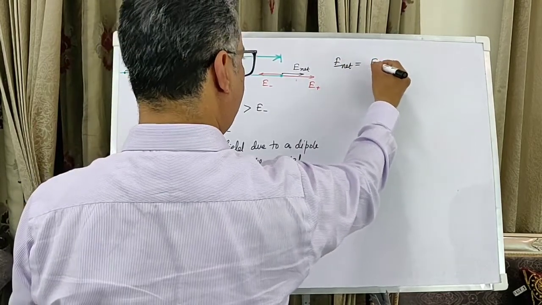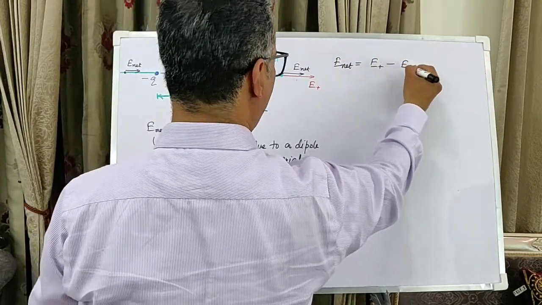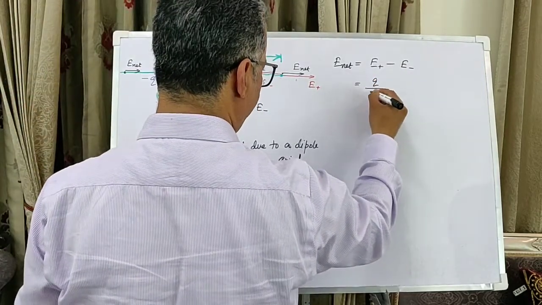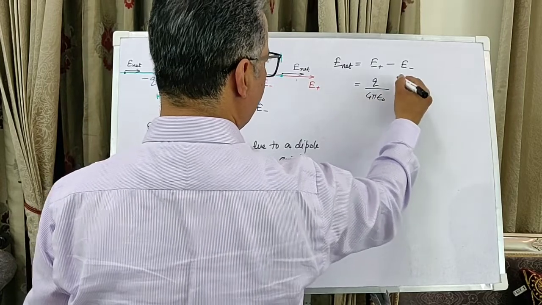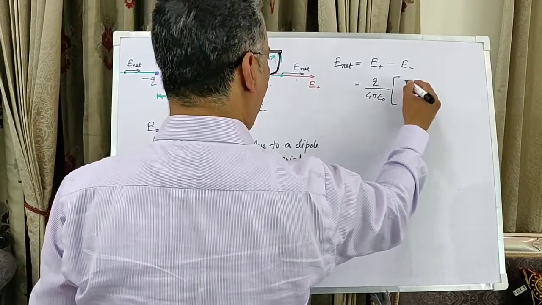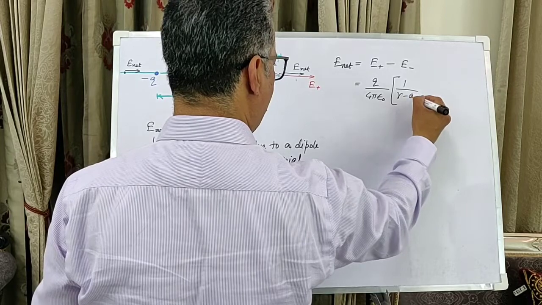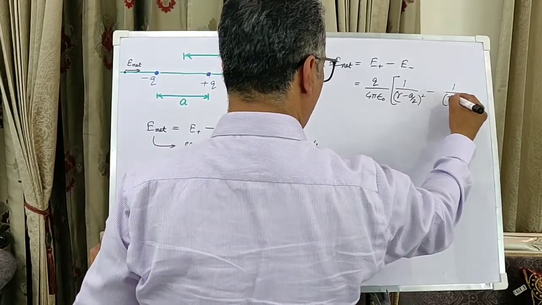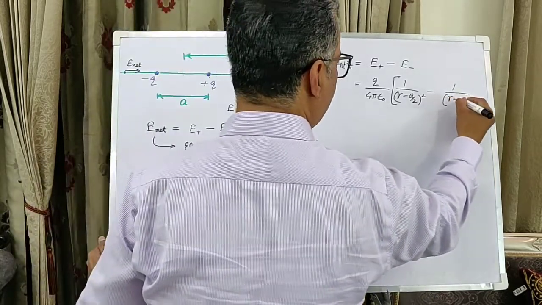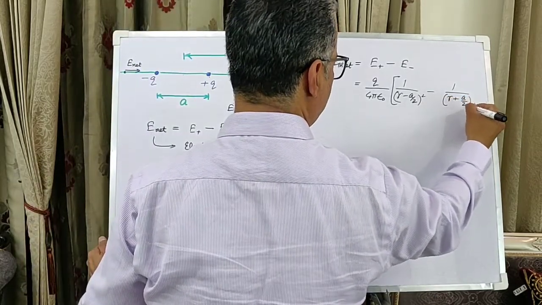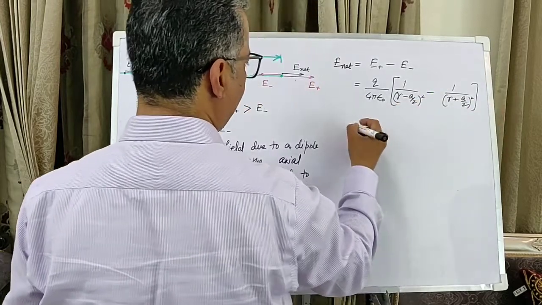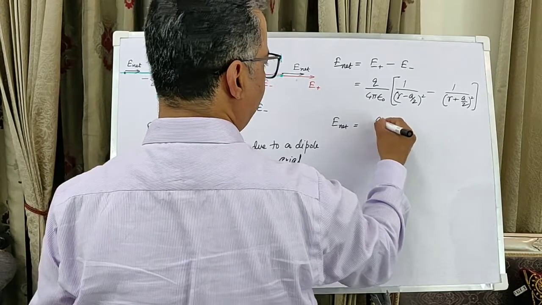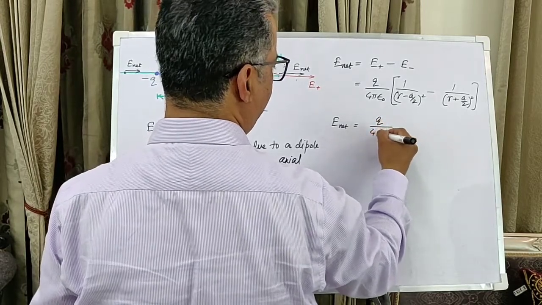is going to be E plus minus E minus, and that's q by 4 pi epsilon naught into 1 by r minus a by 2 whole square minus 1 by r plus a by 2 whole square, and therefore the net field is q by 4 pi epsilon naught.